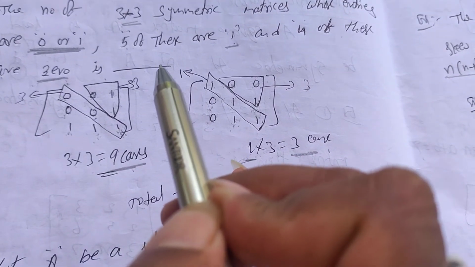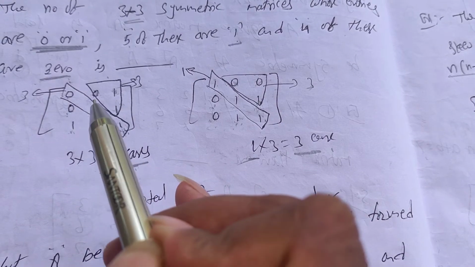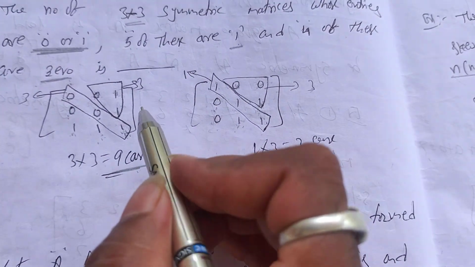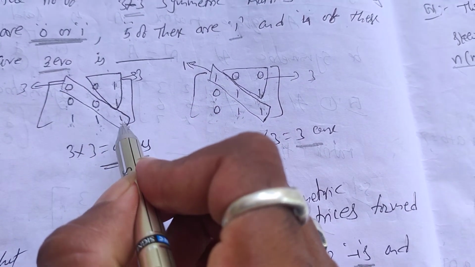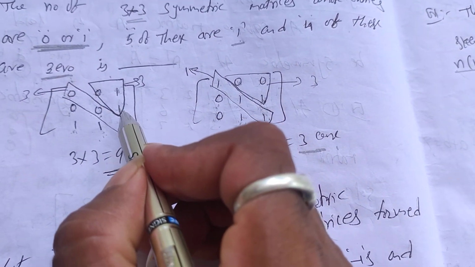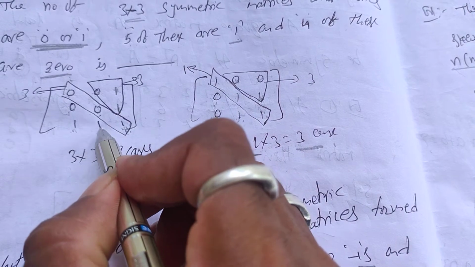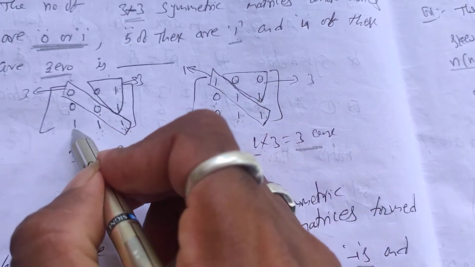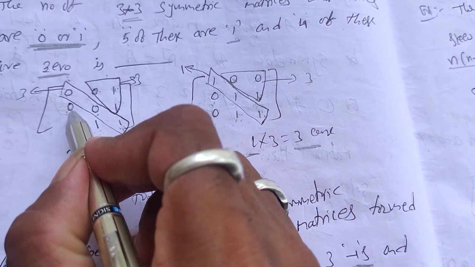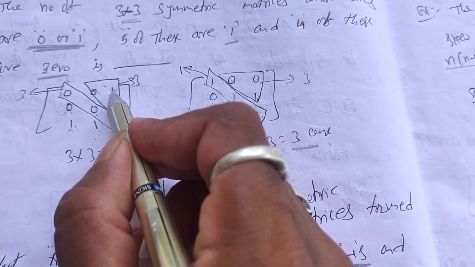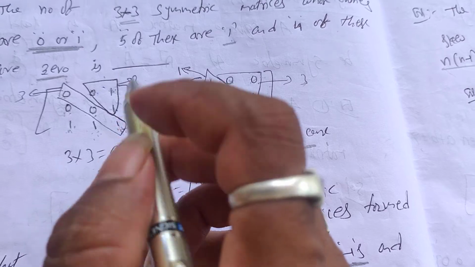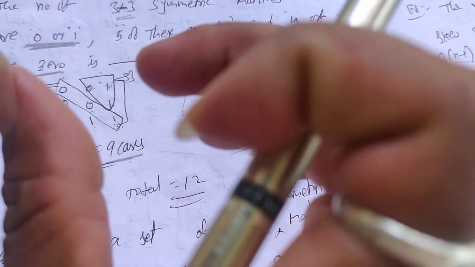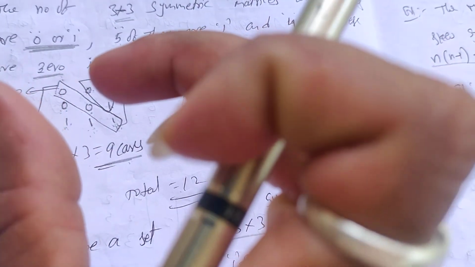According to symmetry, after the principal diagonal elements we have to fill with the same number here or here, here or here, here or here. These two should be the same, these two should be the same, these two should be the same. That means after filling the principal diagonal elements, the remaining elements should be in pairs, doubles.